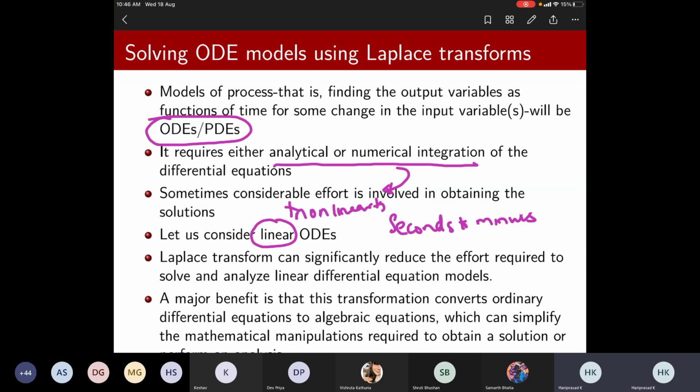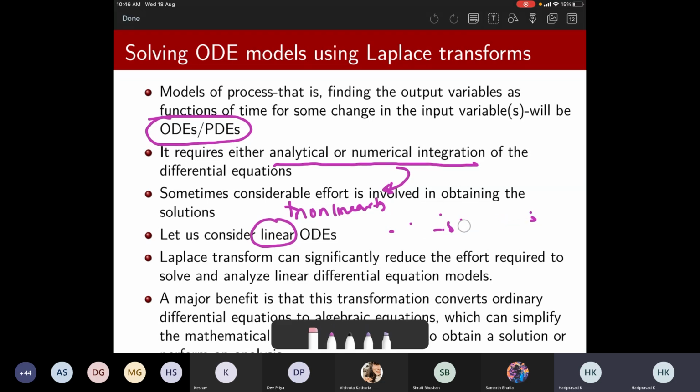But even though it's a linear ODE, its solution is non-linear. Are you getting that point? You have to understand that. Tau into dy by dt plus y equals k times u. This was the ODE that we have seen.